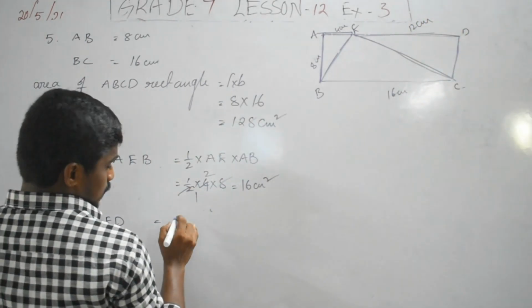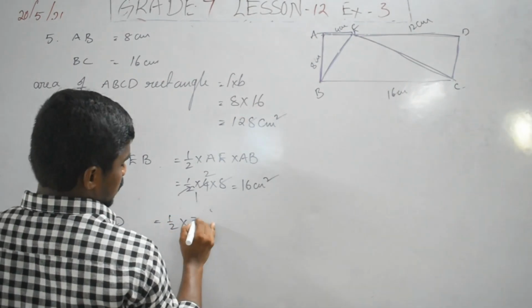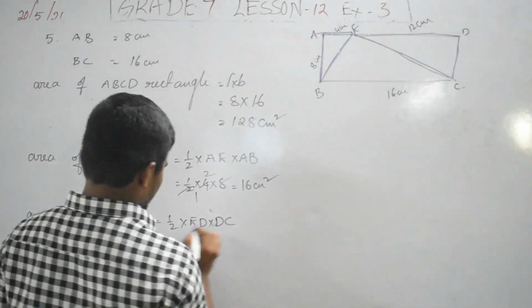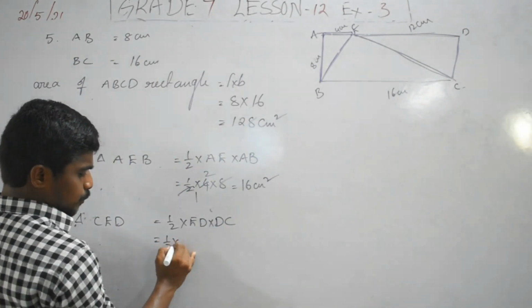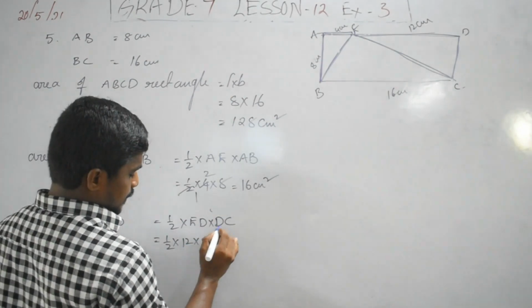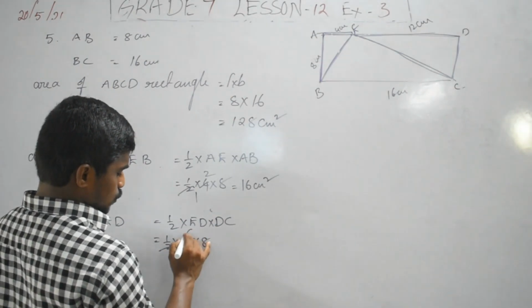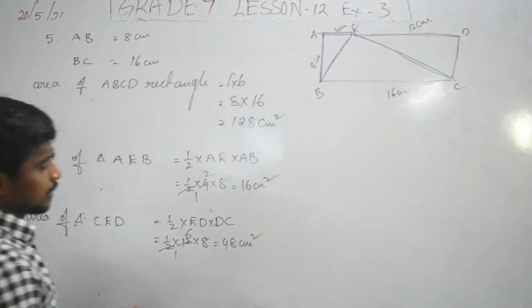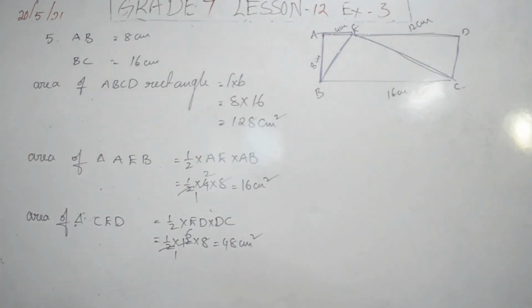So now half cross out ED cross out DC, 1 by 2 ED 12 cross out DC 8, 2 1 ja 2 6 ja 48 centimeters square. Next here see.